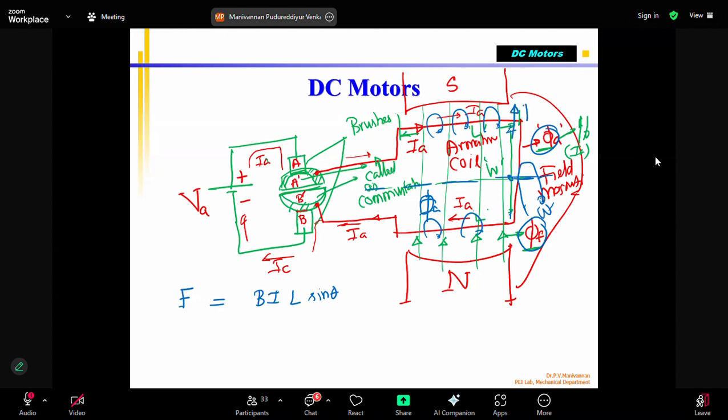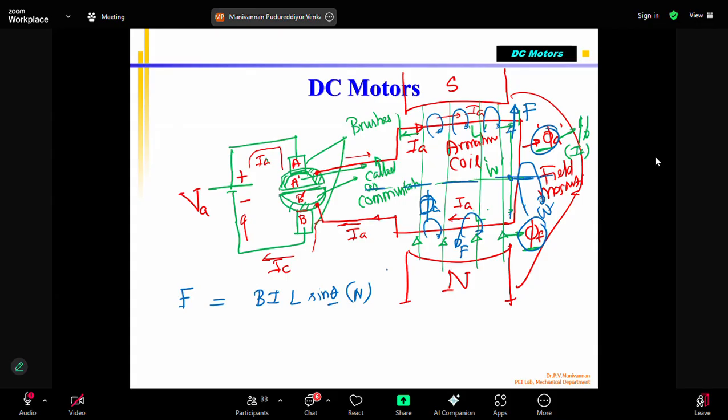The bottom side will be acting in this direction. So because of that, they rotate with each other and make the armature rotate because it is free. So many newtons of force is created in a single turn, and please note that it depends upon the angle.